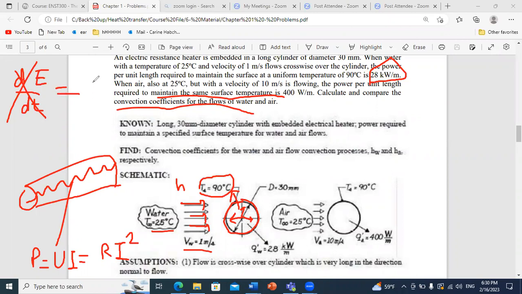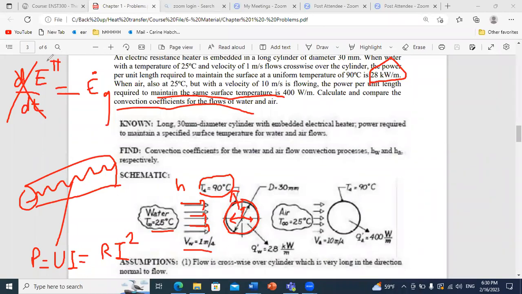Equals to, here we have E dot generation, but because we don't have the length of the cylinder, we will find all values per unit length. So whenever we calculate watt per meter square, we put E double prime. Here we'll put just E prime.